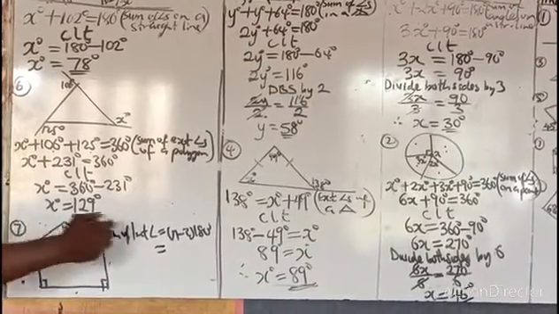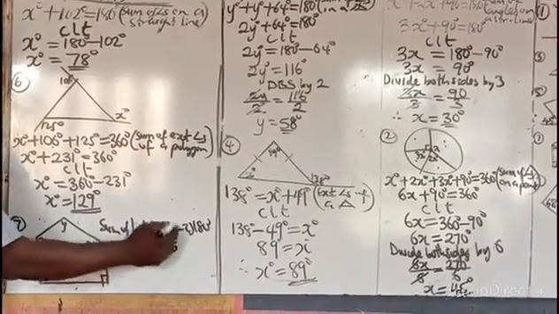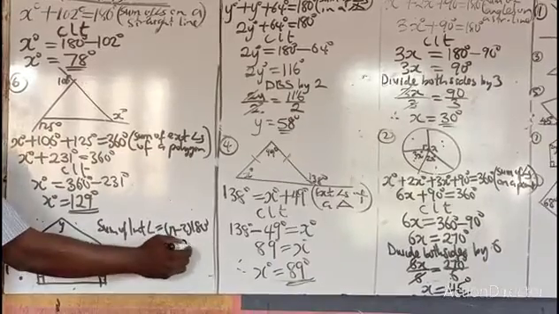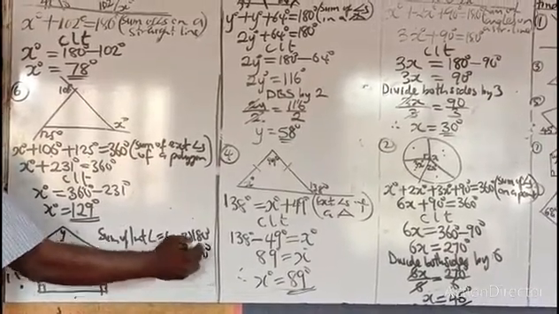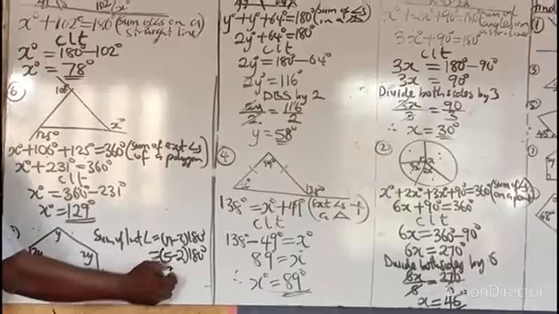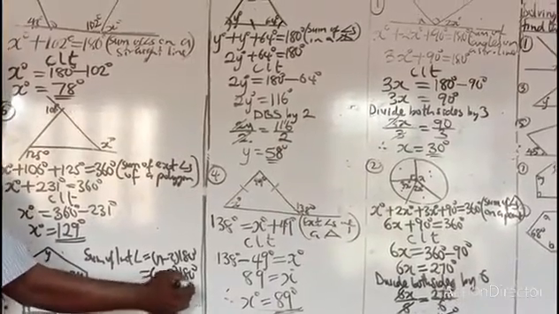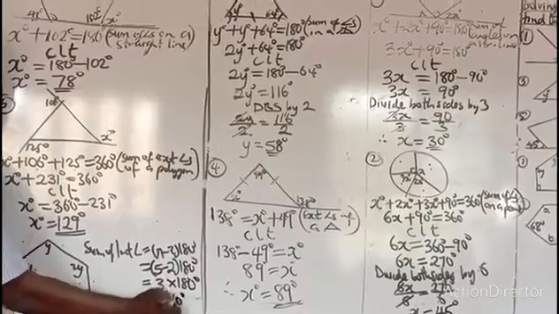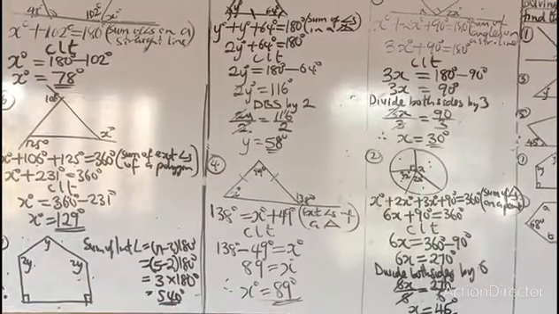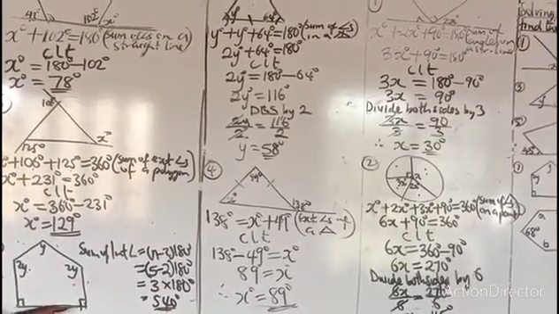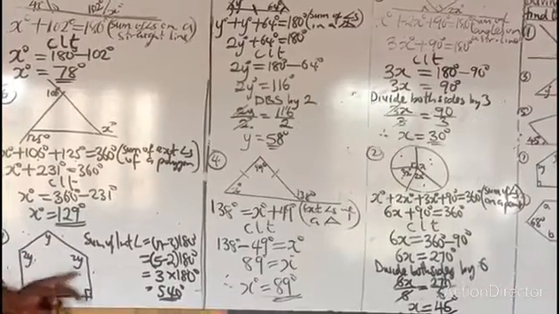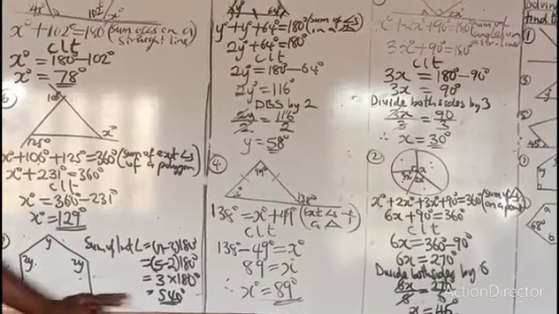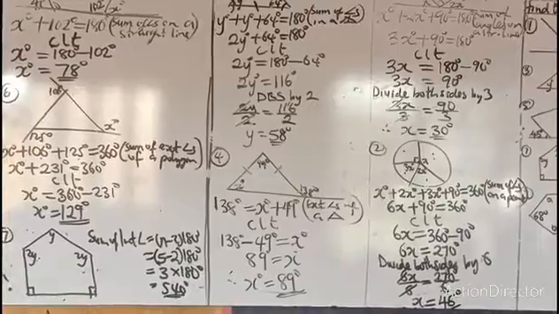So our n is 5. So 5 minus 2, times 180. 5 minus 2 is 3, times 180 degree, which is 540 degree. So this means that if I add all the angles in this shape, I will get 540 degree.